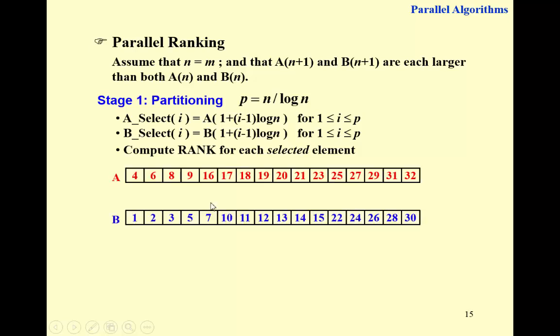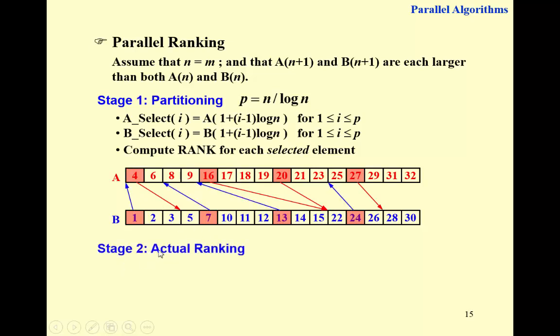For example, say we have 16 numbers in A and in B, and these are the selected numbers. And then we may call binary search to get the ranks of A in B and B in A, and then do the actual ranking for these sub-problems.